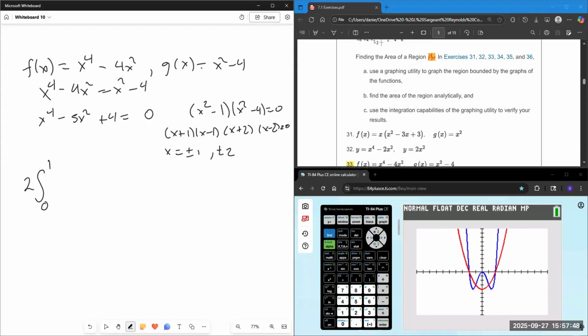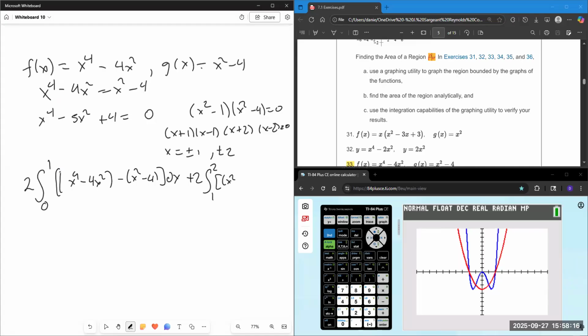So I have two of the 0 to 1 regions here where blue is above red, and blue is the fourth degree. So x to the fourth minus 4x squared minus (x squared minus 4) dx, plus another 2 that go from 1 to 2 where red is above blue.